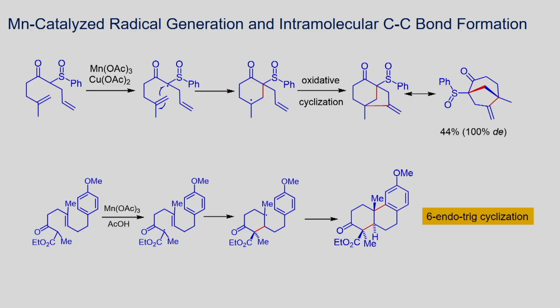The next example involves the combination of manganese 3 acetate and copper 2 acetate. So, when you have this 1,3 dicarbonyl compound, here the ketone is bonded with the sulfoxide. When you treat this compound with manganese 3 acetate in acetic acid medium, it can lead to the formation of this radical.